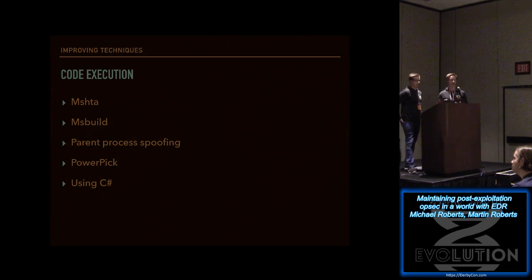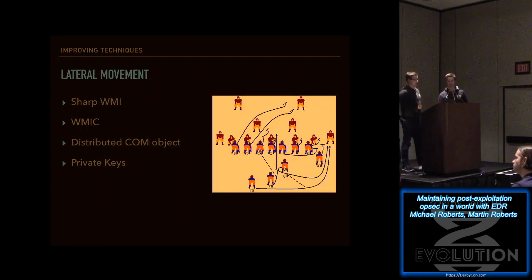Obviously, parent process spoofing, and we're seeing a trend of using more C# executables, like GhostPack and stuff written entirely in C# that you can compile yourself to have a different signature. So there's plenty of new techniques for still doing code execution and not using the old methods of PowerShell and stuff like that.